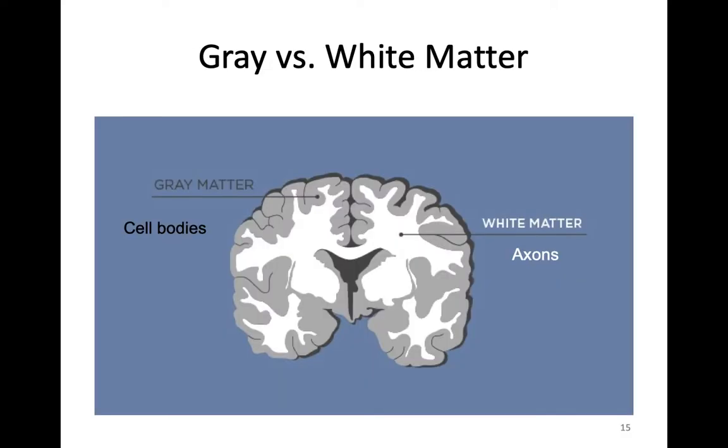Okay, and just one more distinction that I want to make when it comes to the brain, and particularly the cerebral cortex, is that our brains contain both gray matter as well as white matter. This is called that because when you dissect a brain, they appear either grayish or whitish. The gray matter is composed of cell bodies.